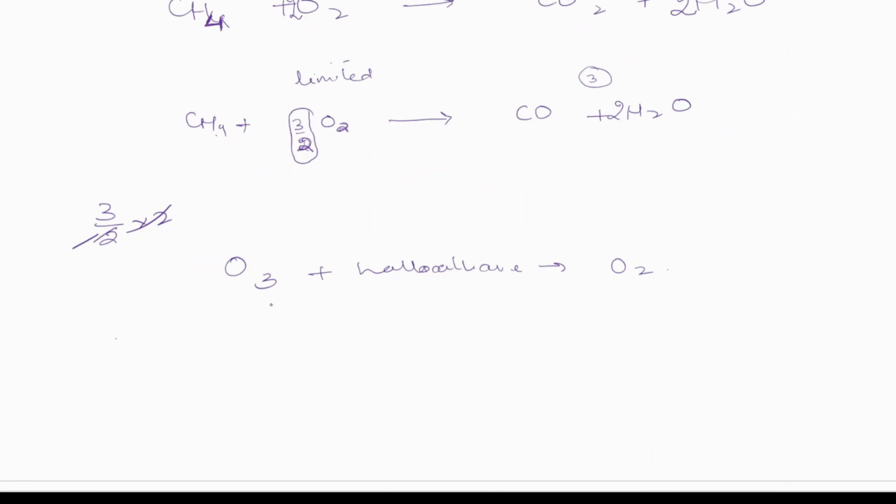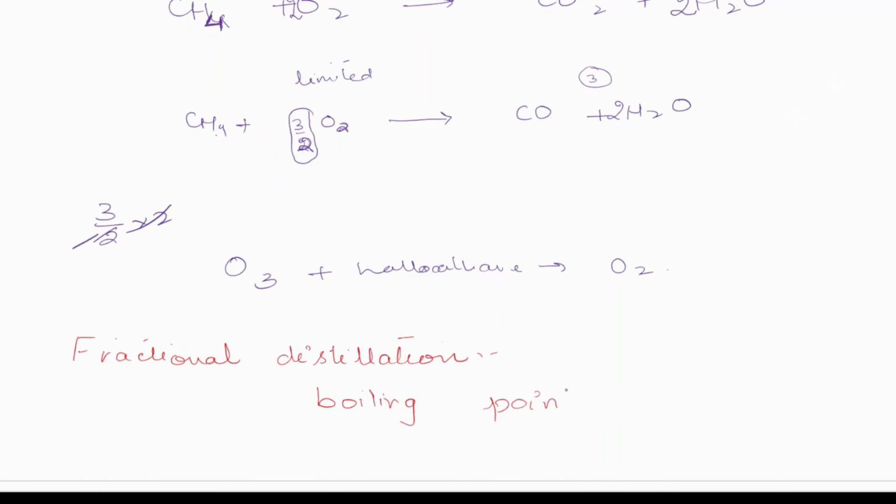Okay, let me define fractional distillation first. Fractional distillation is a process in which a mixture, or the fractions of a mixture, are separated on the basis of boiling points.